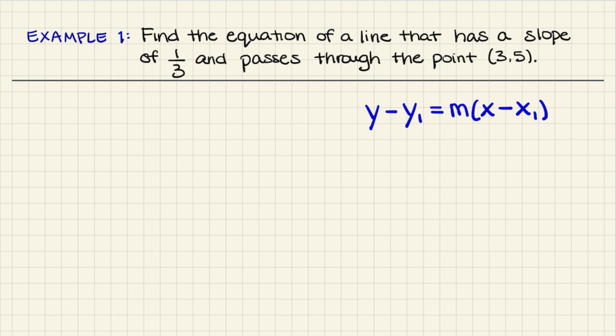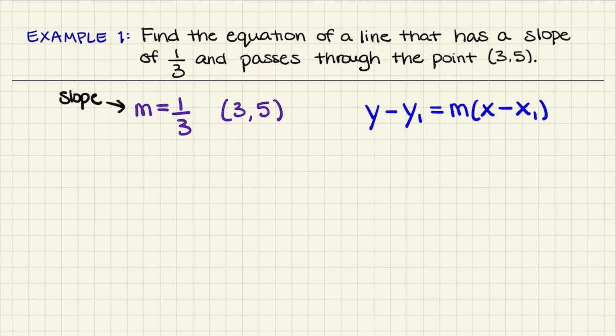So first, let's write the information we have, our slope and our point. Our slope is 1/3. Remember, m represents slope. So our slope is 1/3, and we're given the point 3, 5.